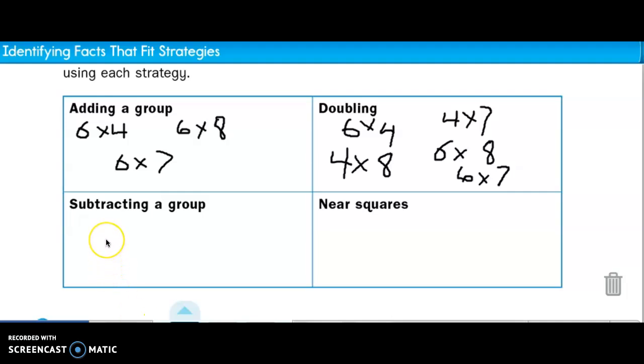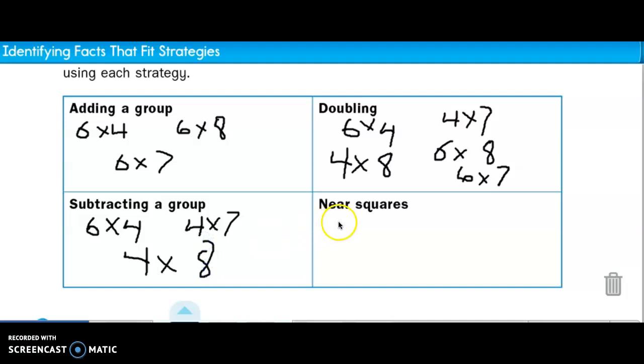Okay. The next one here is subtracting. So let's do 6 times 4, 4 times 7, and 4 times 8.